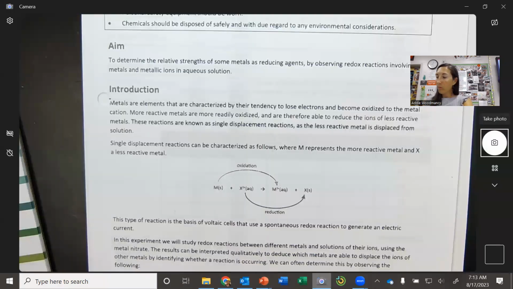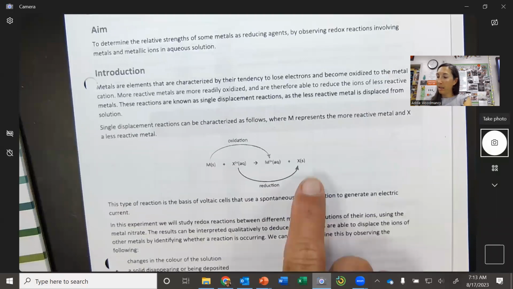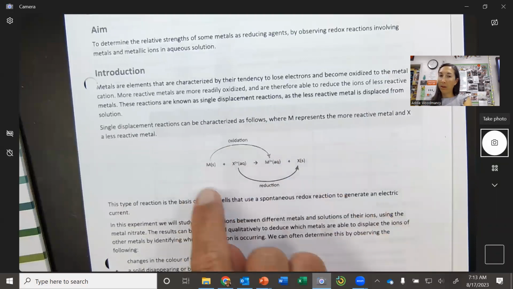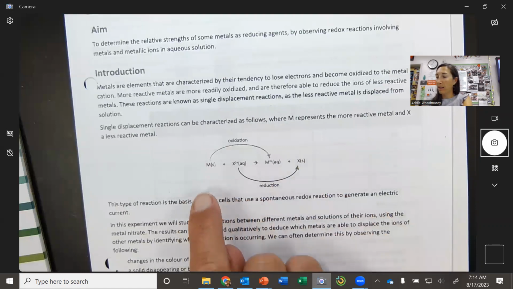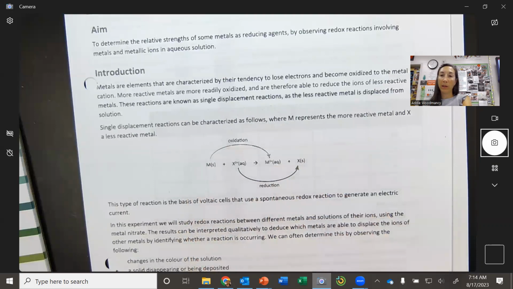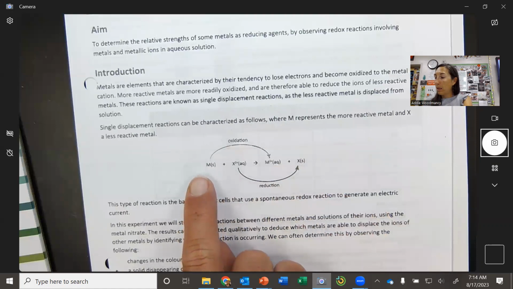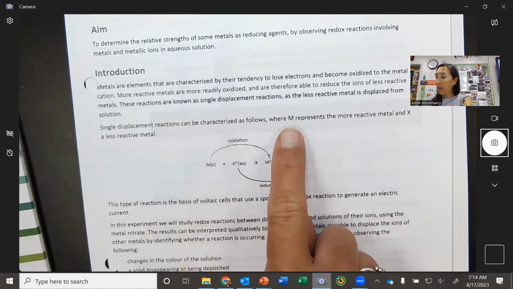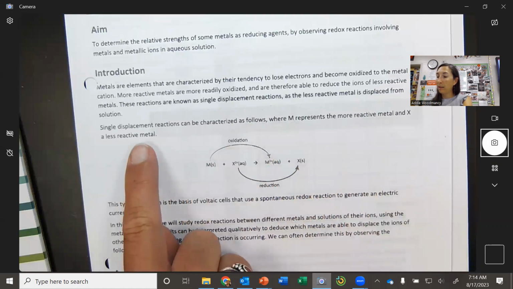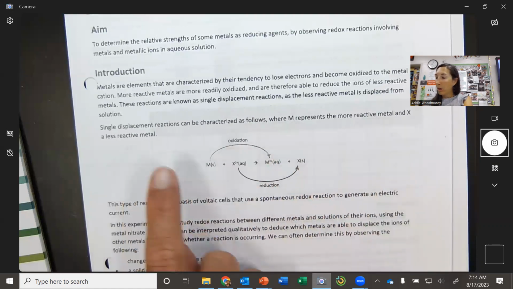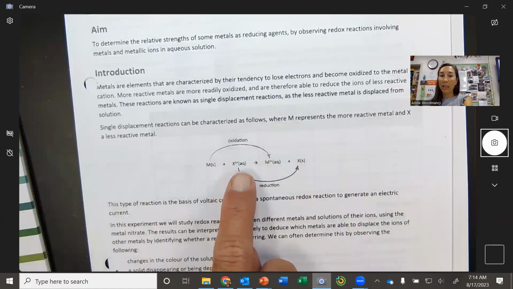This is the format that I'm looking for you to write your chemical reaction equations, and then once again to identify what's being oxidized, what's being reduced, and therefore the oxidizing and reducing agents. In this equation, M represents the metal and X represents the least reactive metal, where X, you see the state of matter is an aqueous solution.